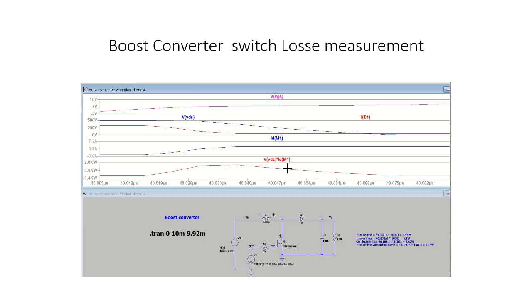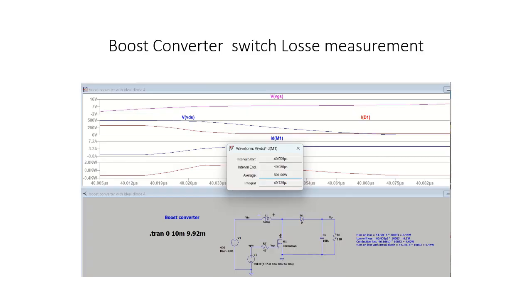Now hold the cursor on this label, keep pressing the Control key, and press left enter key. You get this information. Start interval, that is the start of the turn on process, and the interval end is the end of the turn on process.